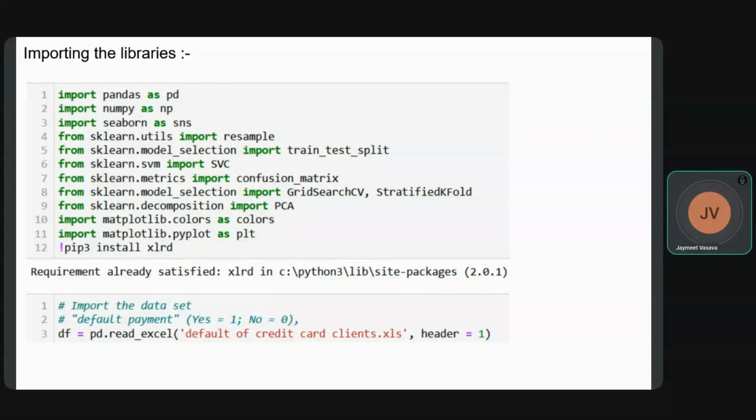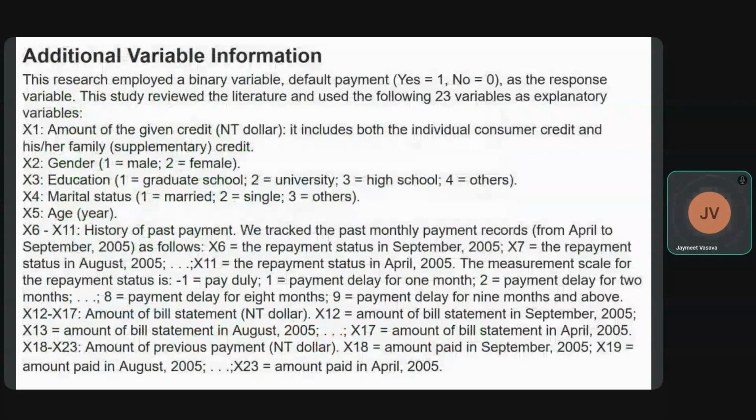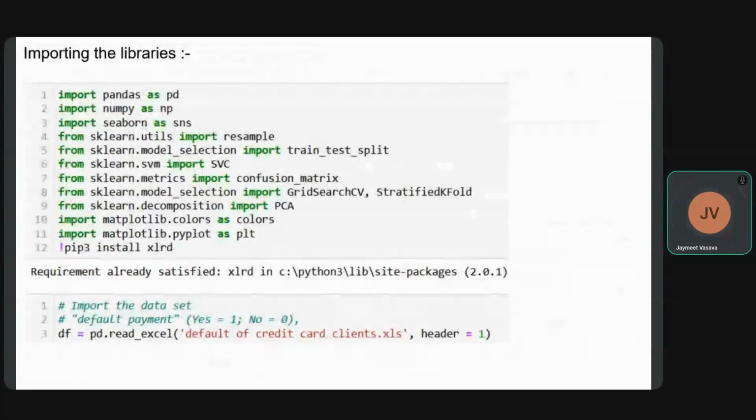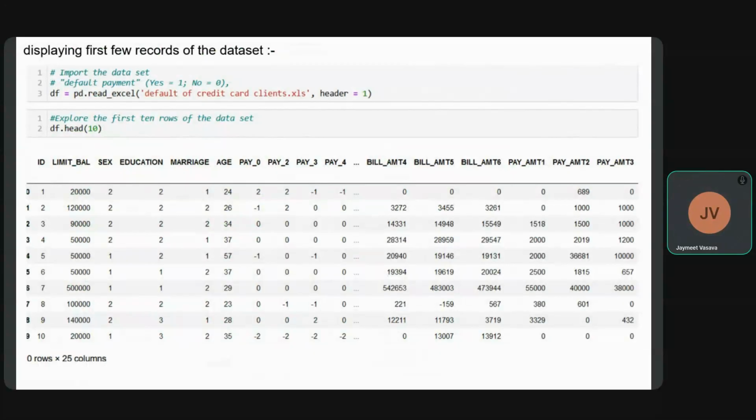So first, reading the dataset that is in an Excel file, and we'll give header equals 1 because we are not going to use X1 to X23 as our column names. What we'll be using are these values, like ID, limit balance, sex, then education, marriage, and so on.